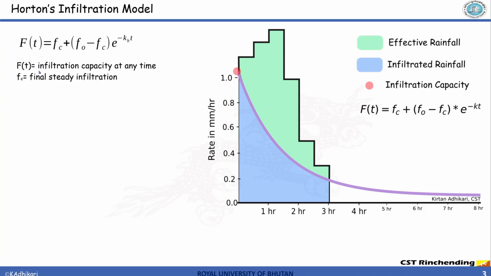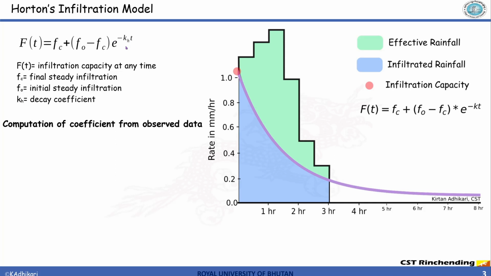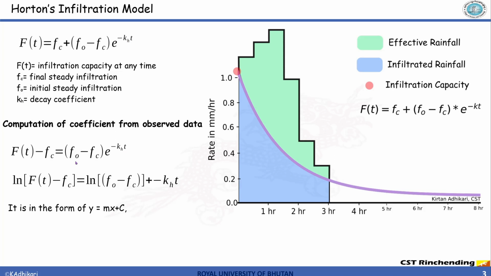This is the infiltration capacity, and fc is the final steady value, the initial value is f naught here, and the decay constant is represented by minus kh. We are going to look into how to do these calculations when I switch over to the calculation sheet.